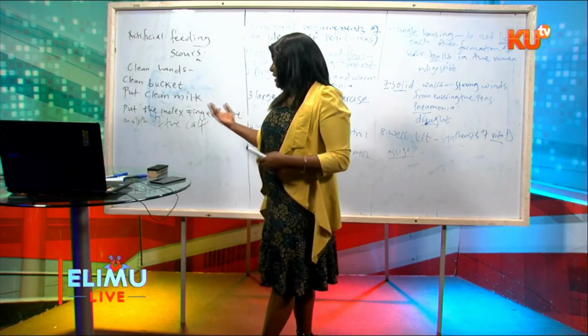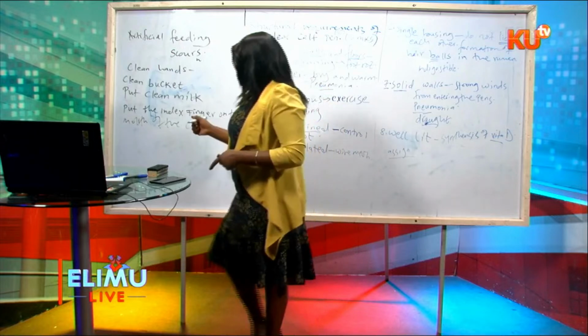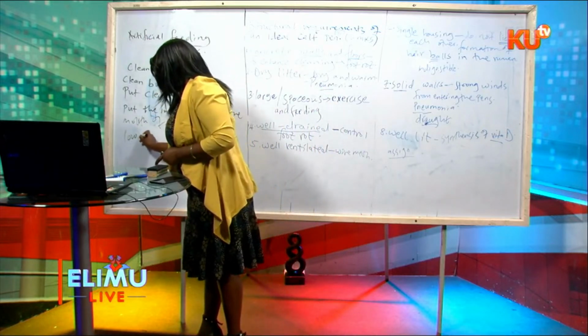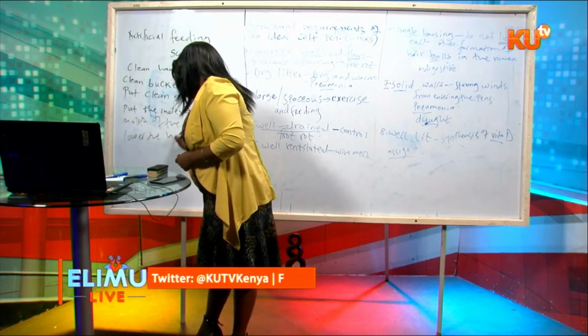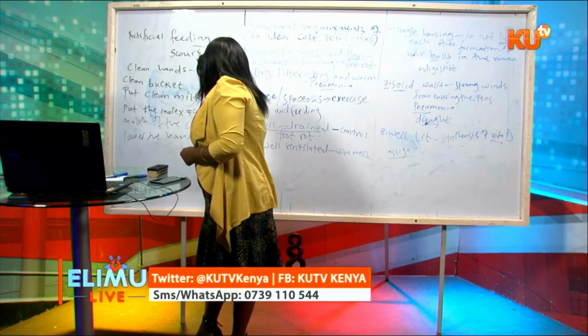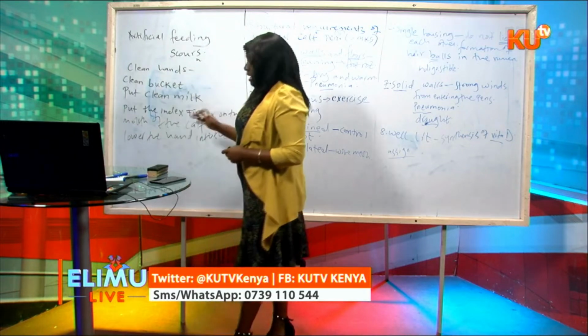So you entice it with your finger that is clean, and then because the finger is already in the mouth, you lower the hand into the milk. Lower the hand into the milk. So that is the procedure basically, and this is around 5 marks.